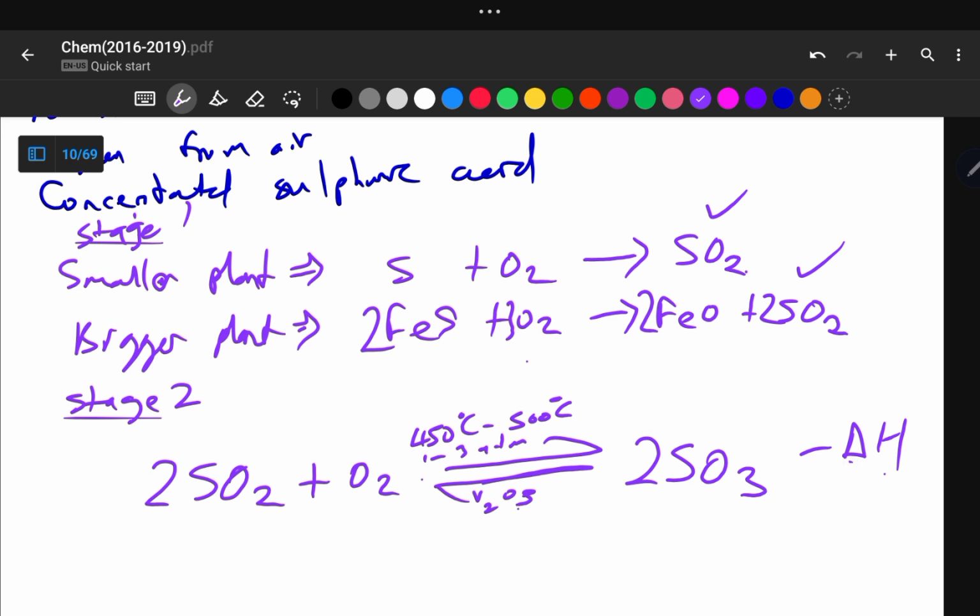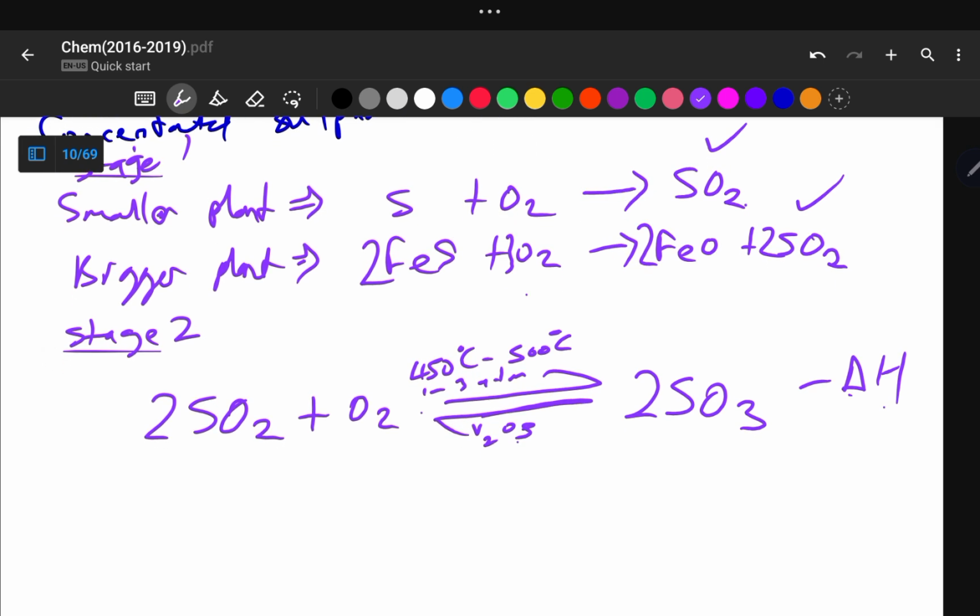So the conditions still lie within the same range, right? Why we use the moderate temperature, why we use high pressure, and also why we use the catalyst, right? So high pressures are difficult to maintain, that's why we use a moderate pressure here, and also high temperatures are expensive to maintain.